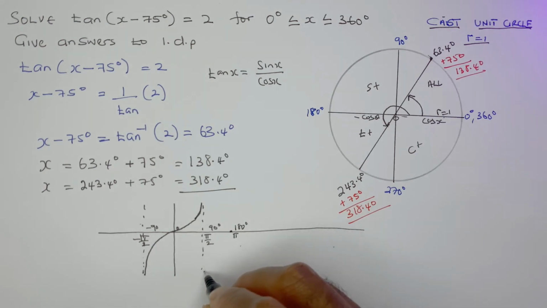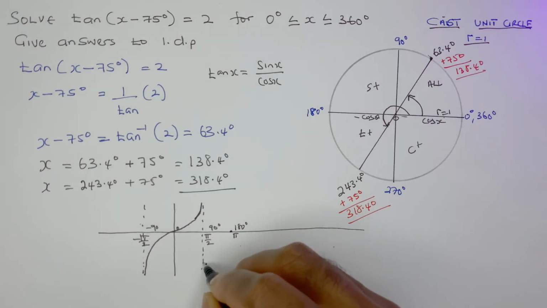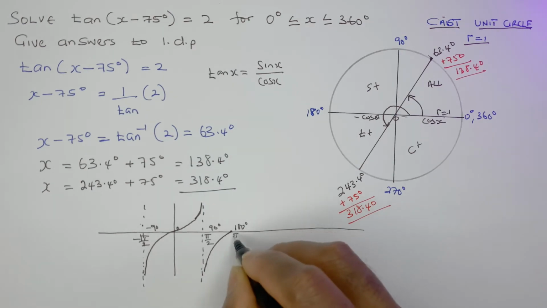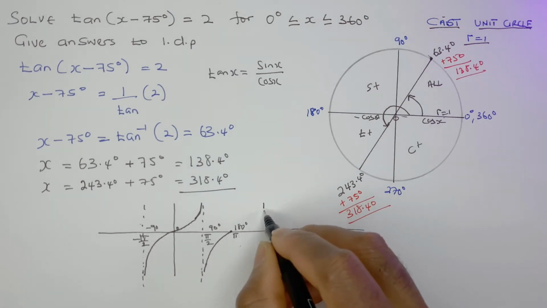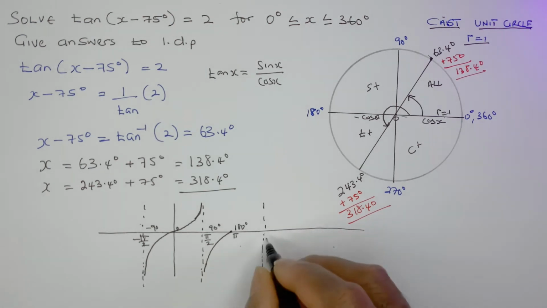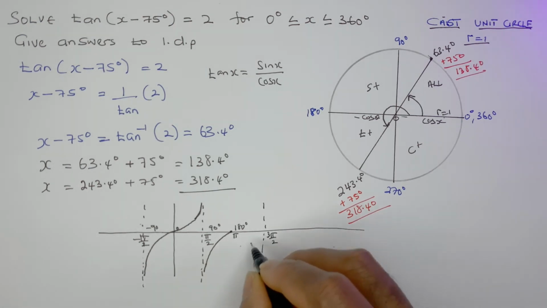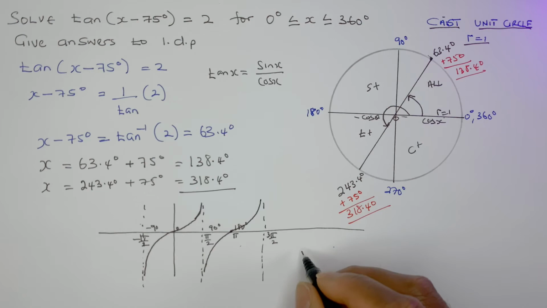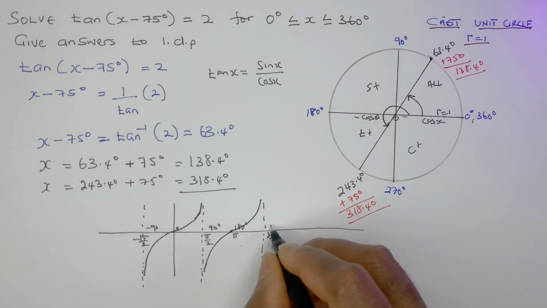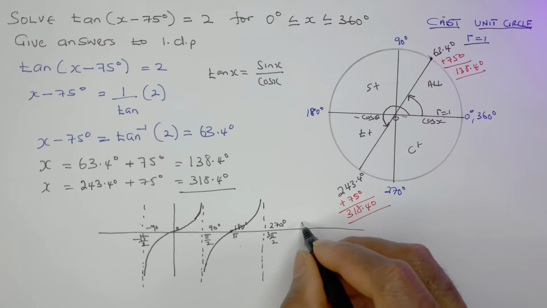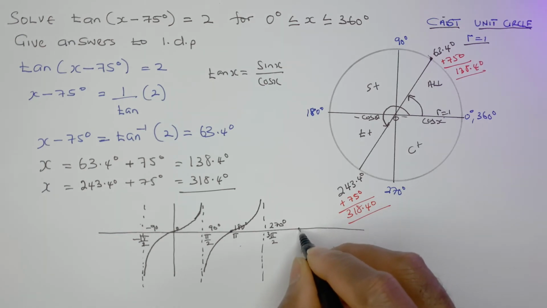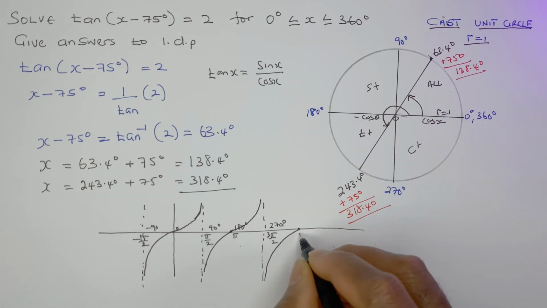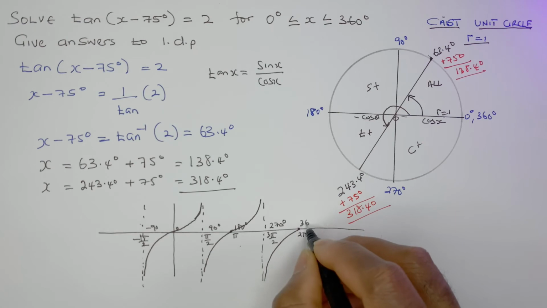Again, it comes from negative infinity from the line of asymptote. Here would be 3 pi over 2, which is 270 degrees, going all the way to positive infinity. And then this one is 2 pi, which is 360 degrees.